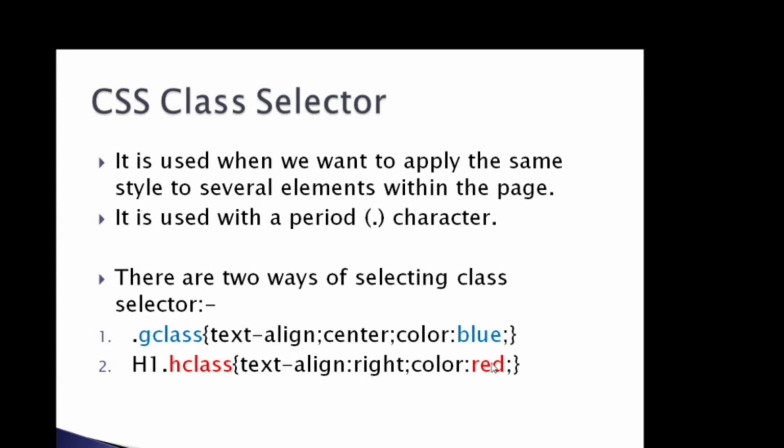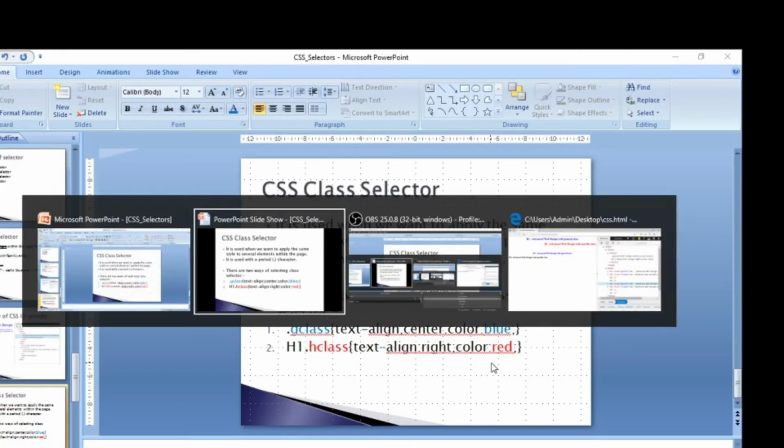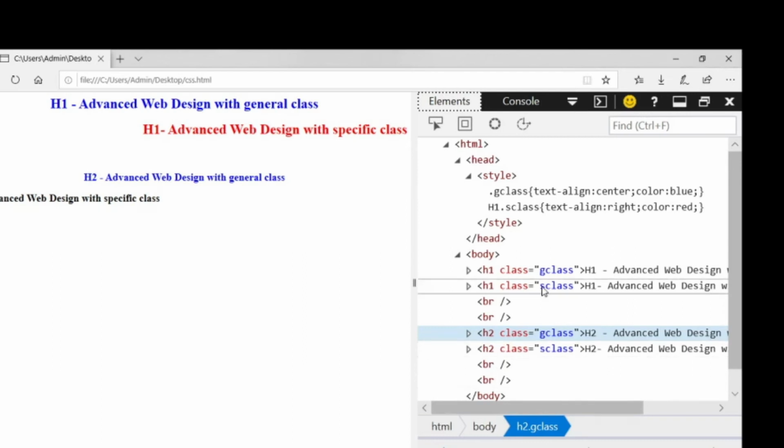So let us use this example and see. Now here we have declared the styles. One is a generic class with the alignment as center and the color blue. The second one is the specific class selector with the text alignment as right and the color is red. So in this we are using the generic class and apply it to h1 tag.